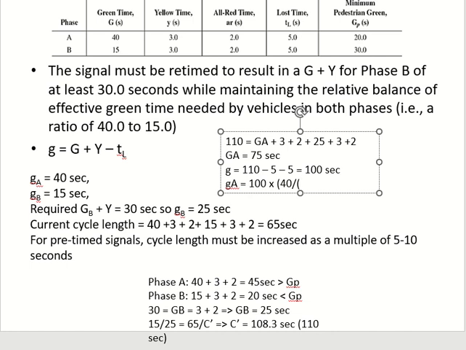The previous cycle was 65. I want the total effective green time, so 65 minus the lost time. Or you can just do this process. Got it?